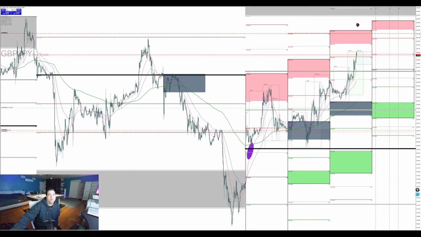The other alert that I can set right now is if we come up here, I need to remove my entry.